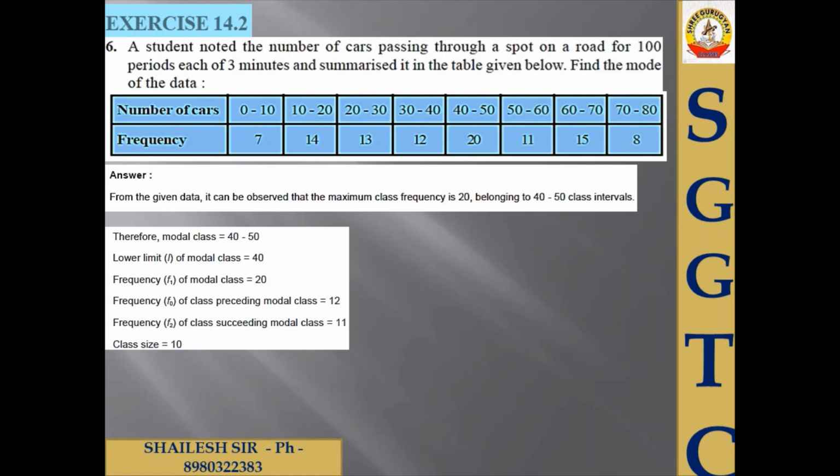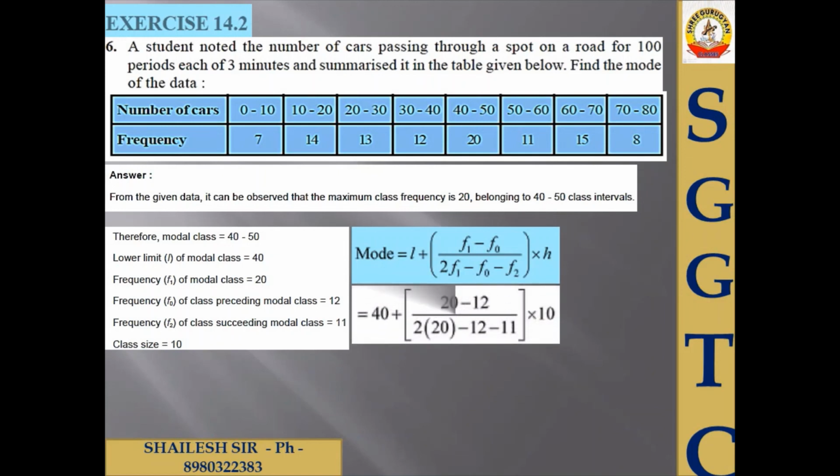Now the frequency is 20, f1 is 20, f0 is 12 and f2 is 11. Class size is 10 because each class interval given is 10. Apply in this formula: mode is equal to L plus f1 minus f0 upon 2 times f1 minus f0 minus f2, into h. Put in all their values and further calculate.